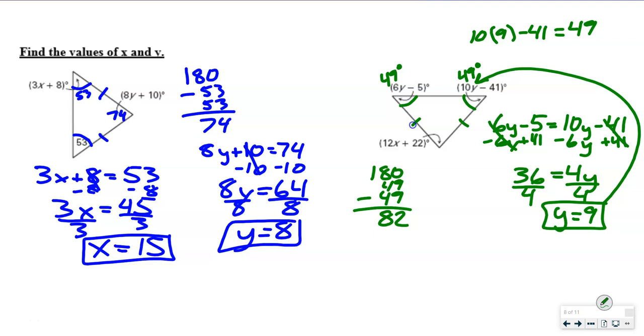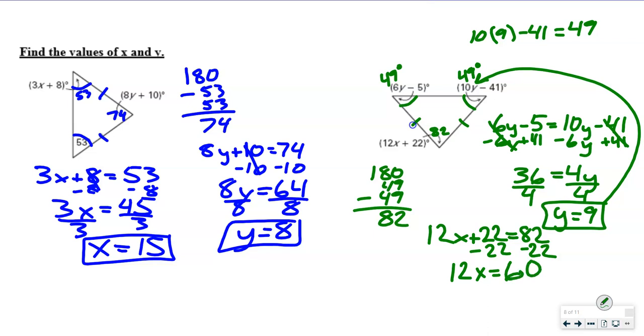So 12x plus 22 equals 82. Then we can solve for x. X equals 60 divided by 12, and x equals 5.